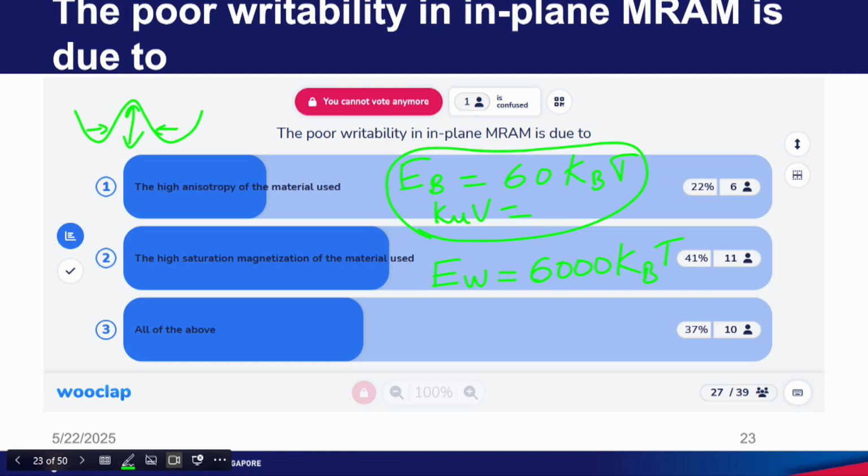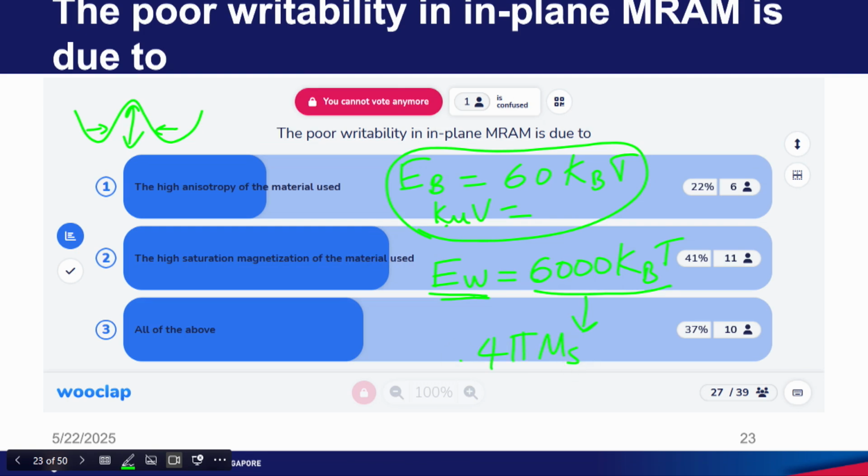So, this is the energy barrier, and when you talk about the energy required to write information, it becomes larger than the energy barrier height because of the 4 pi Ms term here.